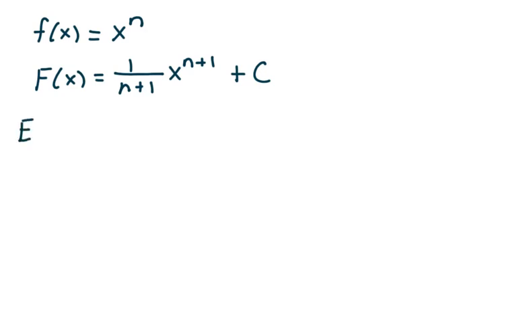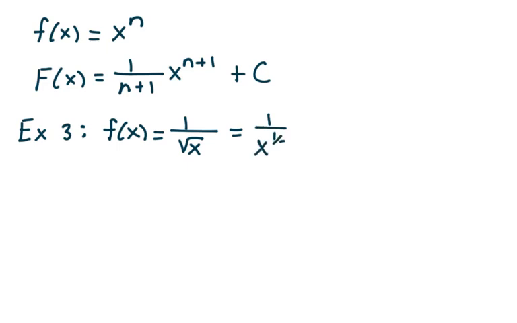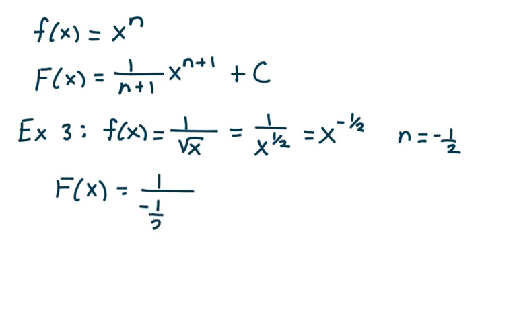And to give you one last example here, suppose I had f of x is equal to 1 over the square root of x. But I want to write this as 1 over x to the 1/2, which is equal to x raised to the negative 1/2. So notice in this example, n is equal to negative 1/2. Okay? And so if I want capital F of x, this is 1 over negative 1/2 plus 1 times x to the 1/2 plus c.